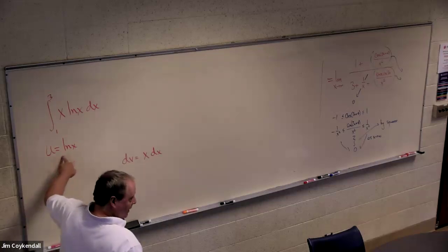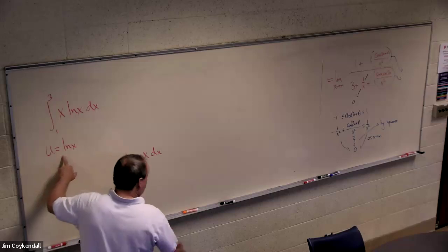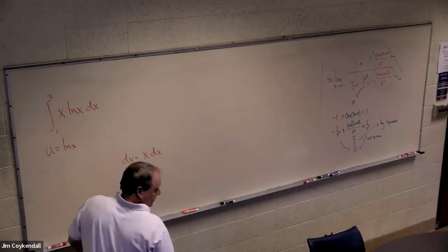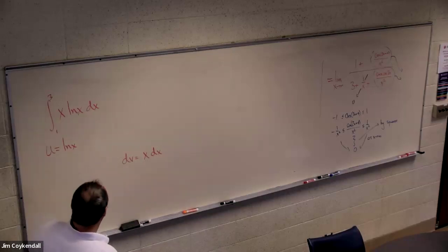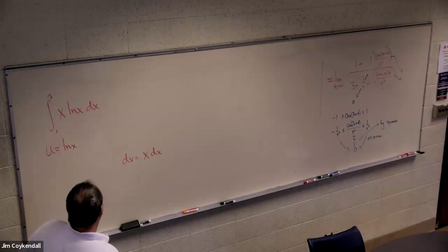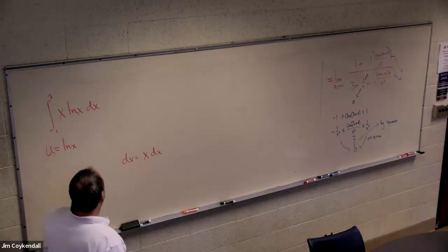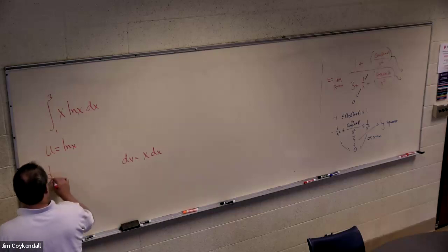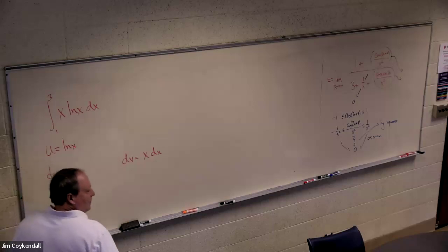Okay, so I'm going to pick it this way. And when you put this back together, you should get x log x. Well, here, I'll show you. What's the u doing here?